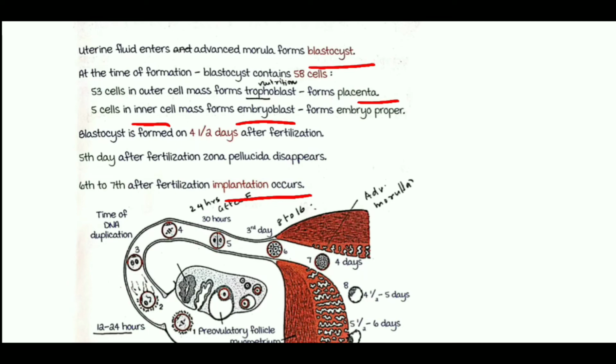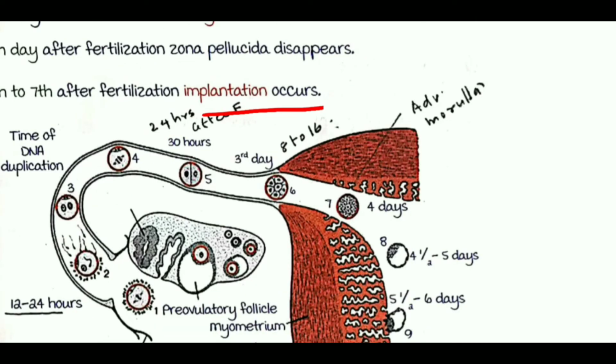So this is a diagram. In this picture we can see the series of events taking place: within 12 to 24 hours of ovulation, fertilization takes place, then after about 30 hours there is the 2 cell stage.